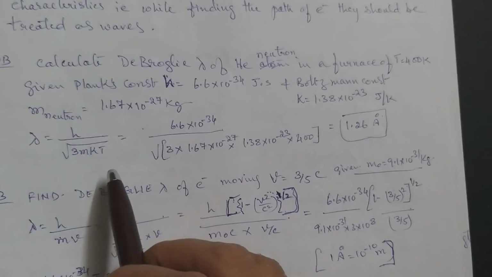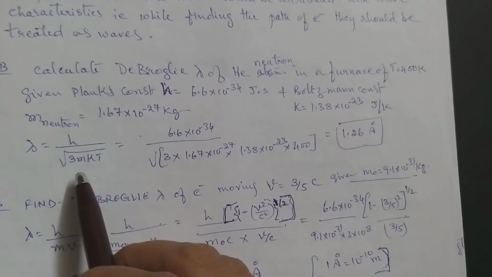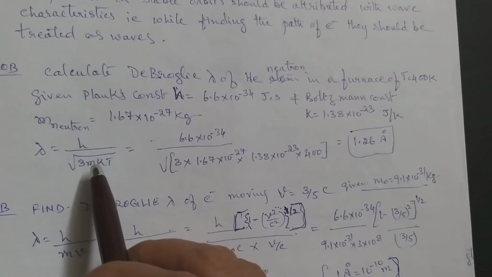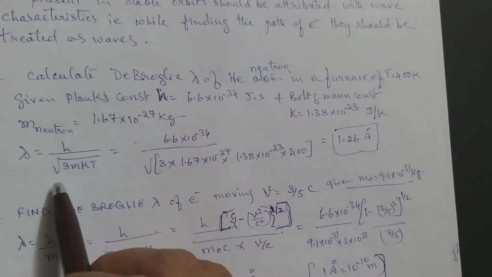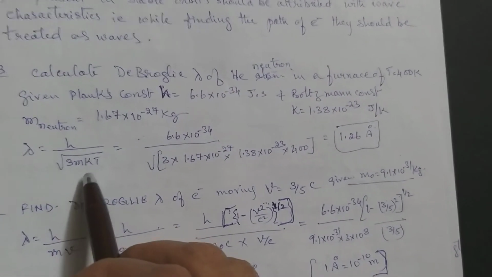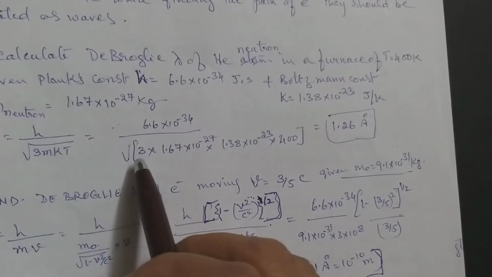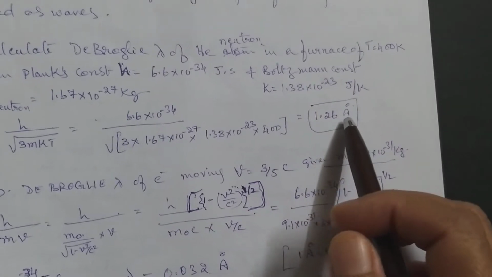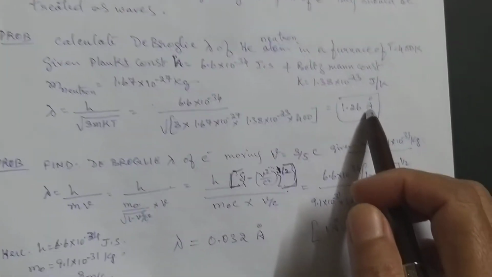It should be 2 actually. Okay, it's 3 by 2 kT, something like that comes. So here h by root of 2mE is the formula, check out the formula once. So this is what we have got, and 1.26 angstroms we have got.